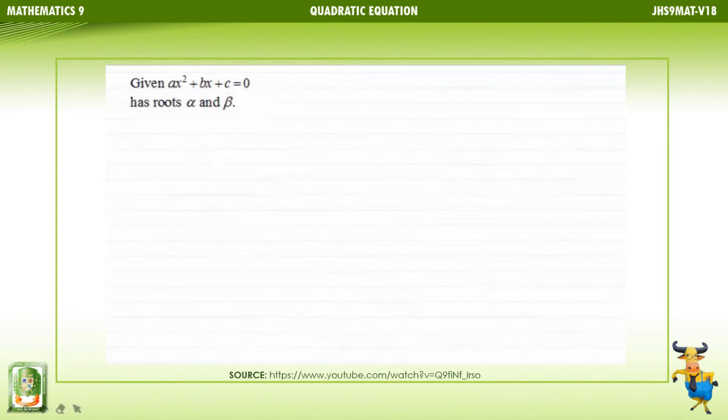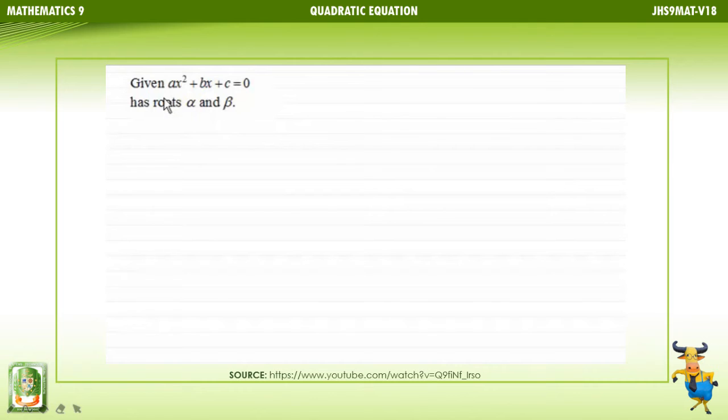Now, in this video, what I want to show you is how the roots of a quadratic equation are related to the coefficients of the quadratic equation, and also how we can build up other quadratic equations with roots based around these roots.